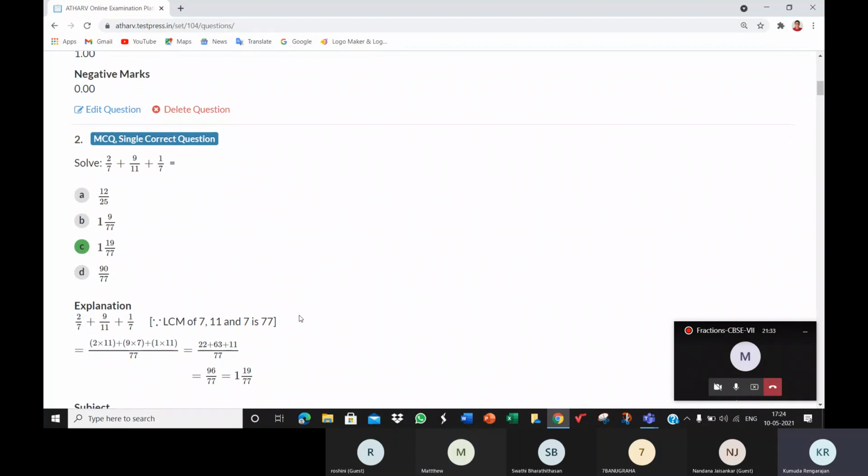So 96 by 77. Now this is an improper fraction. You can see that the numerator is more than the denominator. So do the long division and write this fraction as a mixed fraction. And that is 1 19 by 77.